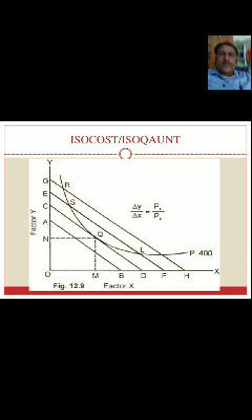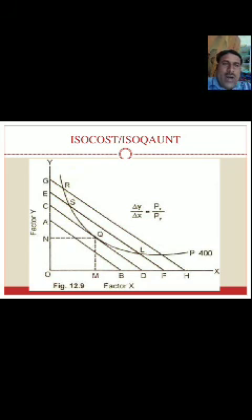That's why at the point Q, the marginal rate of technical substitution of labor for capital is equal to the marginal product of X by the marginal product of Y, which equals price of labor by price of capital, or marginal product of labor by price of labor is equal to marginal product of capital by price of capital. Both are equal at this point.